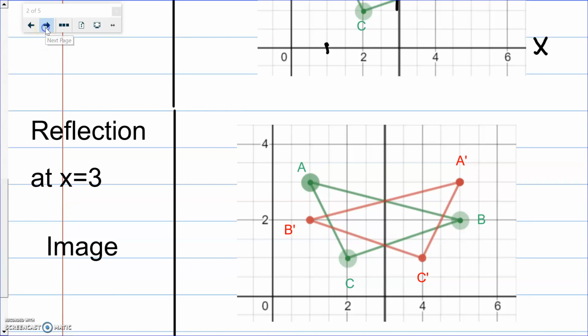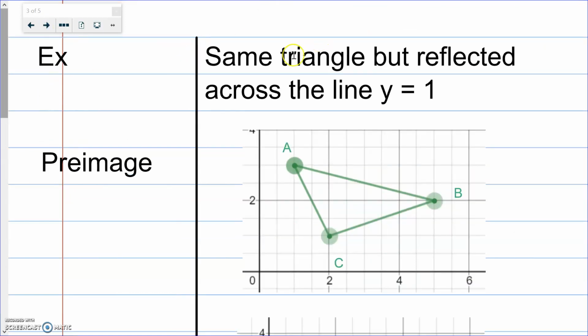Let's try another one. Same triangle, but we want it reflected across the line y equals 1. So once again, we put our pre-image points on the graph, A, B, and C. This time we want to find y equals 1.